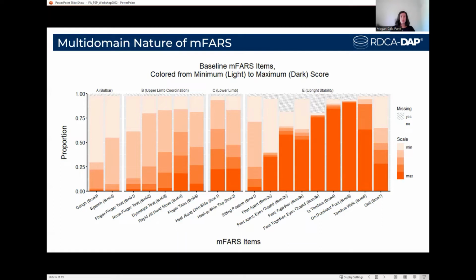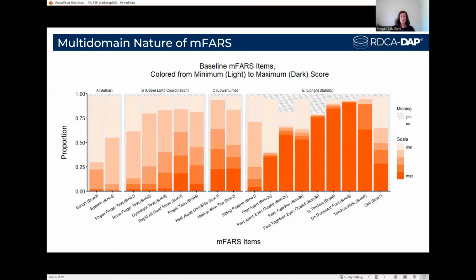So this figure summarizes the variability within mFARS at baseline. And because mFARS has multiple domains, we can break it down to the individual items of the score, as shown here, to look more closely at the distributions of the item level scores. So the 18 items of mFARS are the bars along the x-axis, and they are grouped into their corresponding domains, which are A, B, C, and E. And the y-axis here is scaled from 0 to 1.